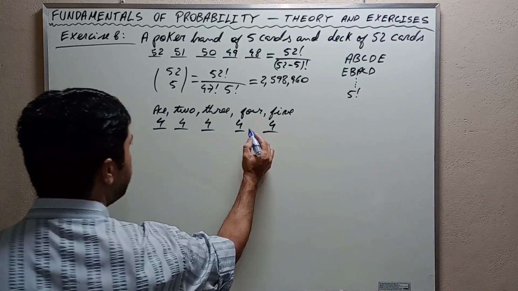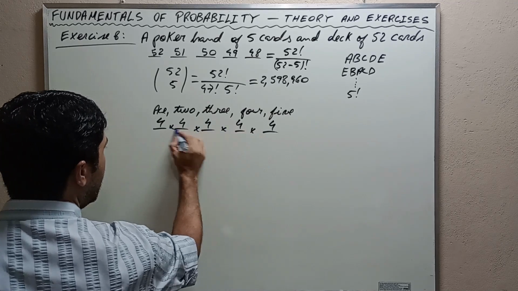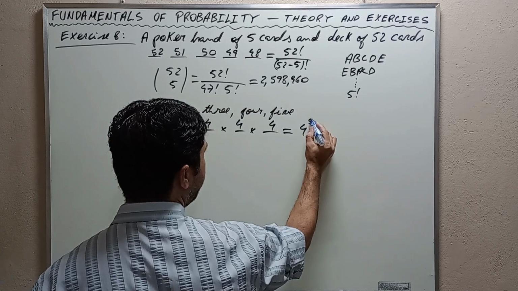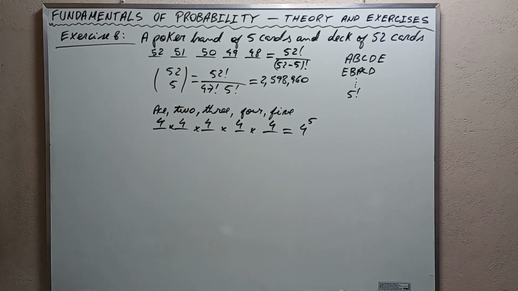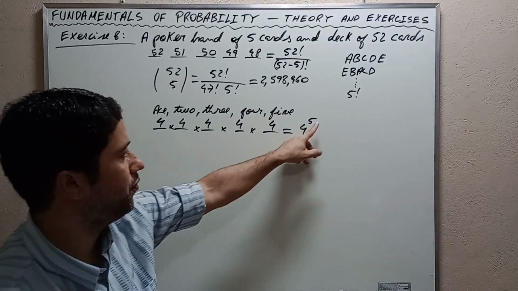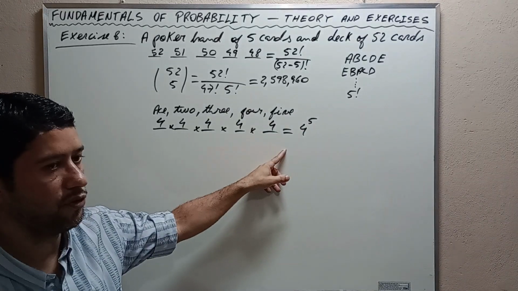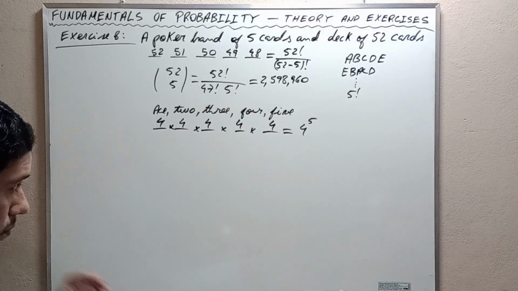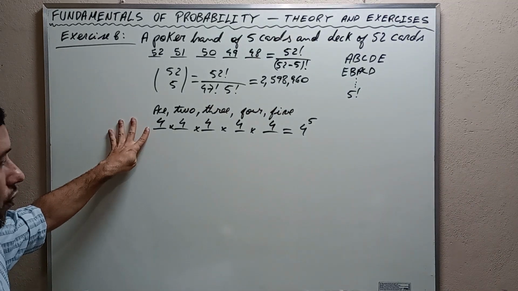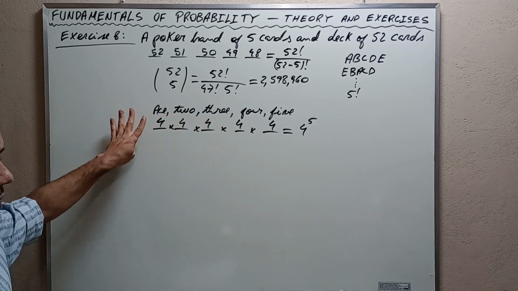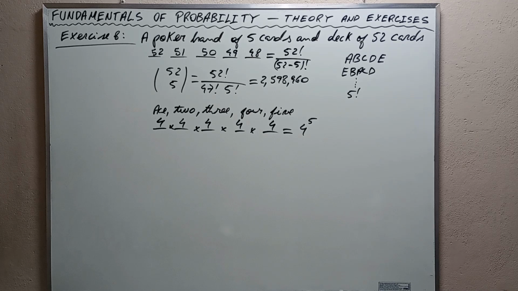And if we multiply these, we find 4 to the 5th hands with these cards, the ace, the 2, the 3, the 4, and the 5, bearing in mind that we have 4 suits, and for each of them we're gonna have 4 possibilities for the different suits.